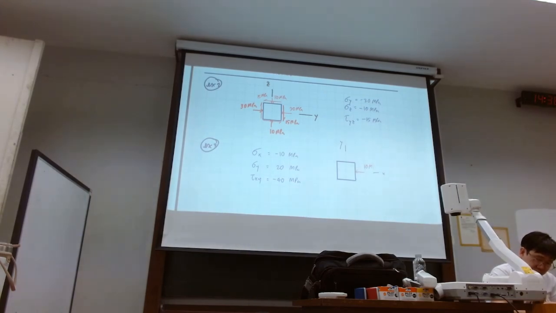This is 10 MPa. This is 10 MPa. This is sigma x, 20 MPa. 20 coming down. Minus 40, that means positive x, negative y, so this thing has to point down. So this is 40 MPa. And the rest is quite straightforward. You just complete the values.